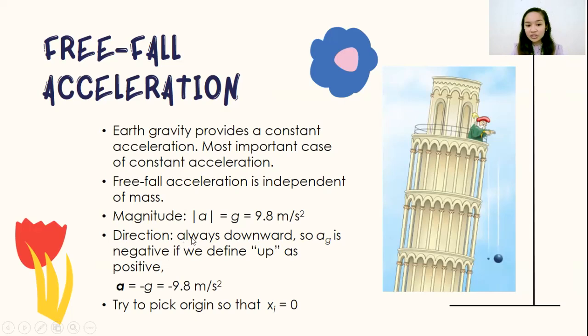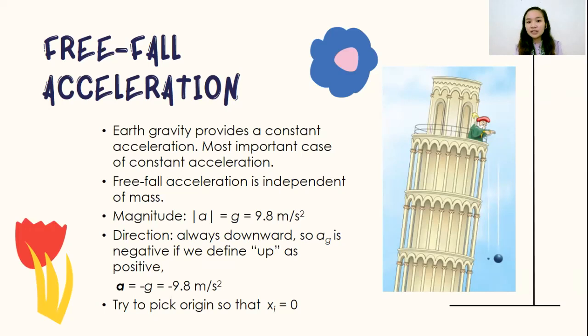So your direction is always downward for your acceleration. Si acceleration dito, kapag nasa y-axis tayo, is always downward. So always negative yan siya. Okay? So here, your acceleration due to gravity is equal to negative g or negative 9.8 meter per second squared.